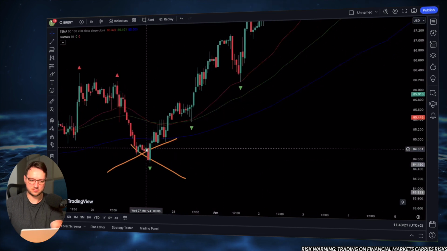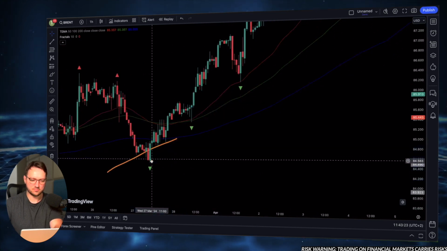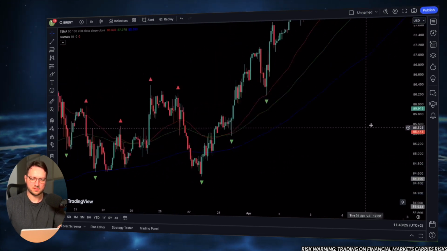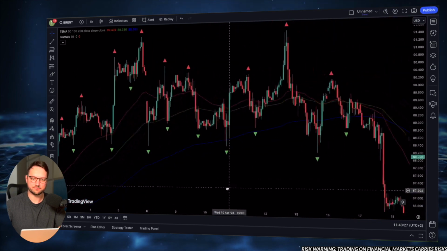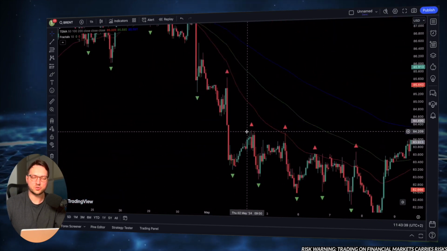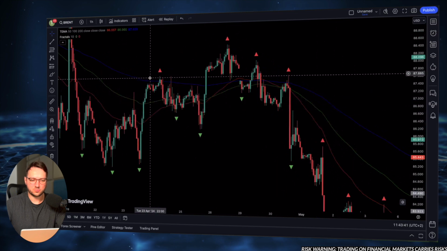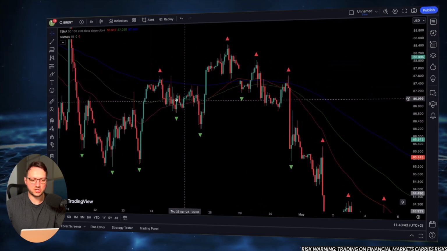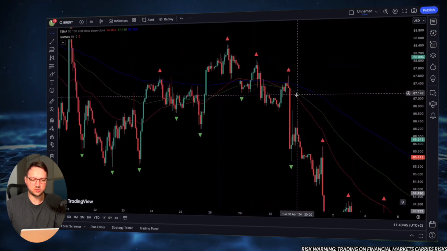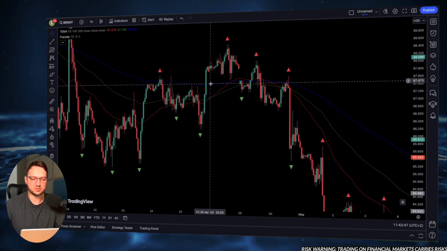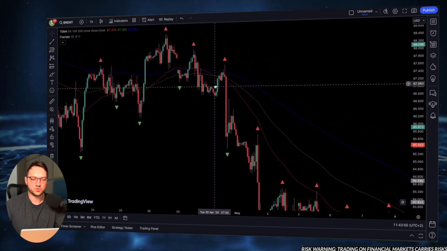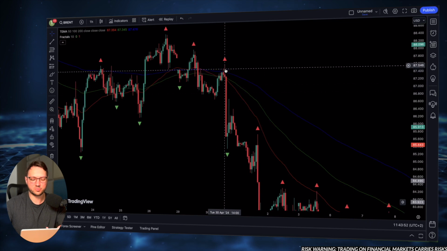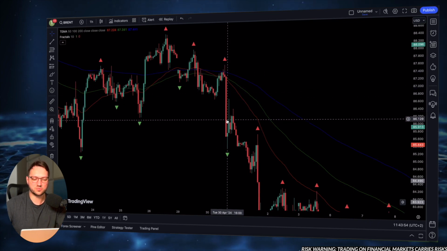So let's check the example for a short trade. Okay, so we have the situation over here. We were having this small consolidation. As you can see, the moving averages were crossing each other. The price went above the 200 period moving average. Right here we have the good situation, but again, price went above the 200 period moving average.